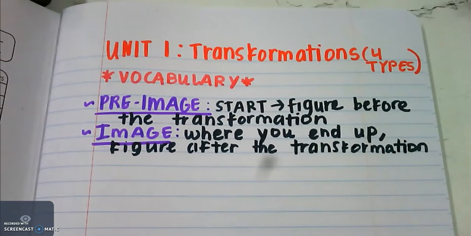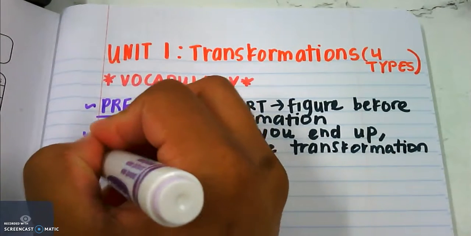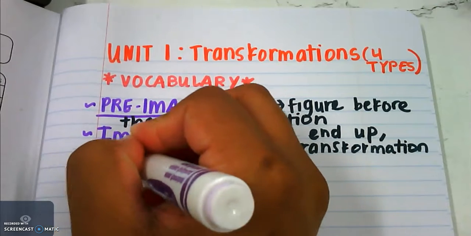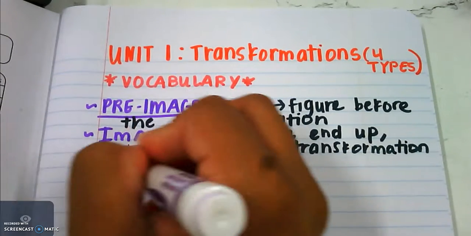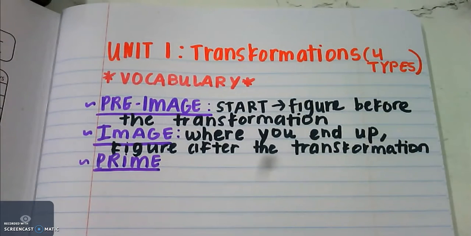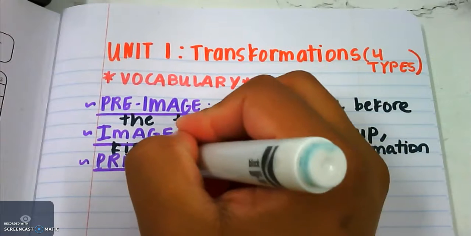The next word is prime. Think of when we said A prime, C prime, X prime. We are representing the notation after the transformation.